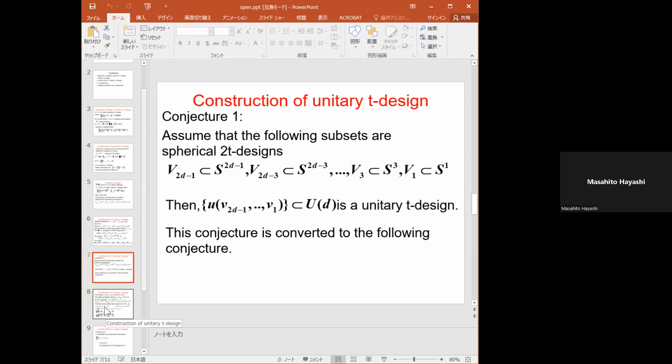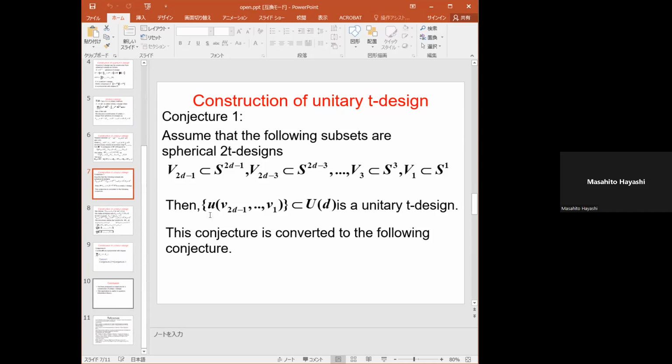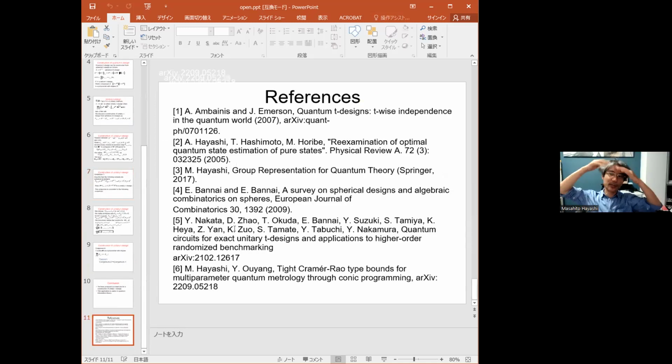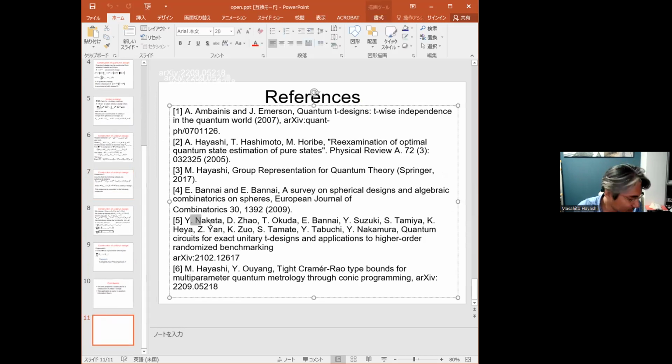I think this conjecture and this construction are more efficient than their construction. Their construction is somewhat complicated, somewhat limited, and not so natural.